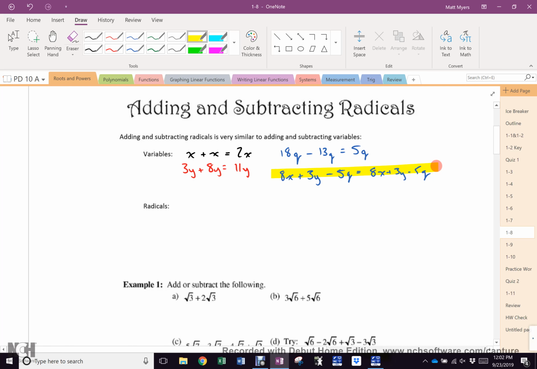And that is what we call in math like terms. Since I have already said that adding and subtracting radicals is very similar to adding and subtracting variables, what do you think would happen with a radical if I gave you the root of 3 plus the root of 3? What will the answer be?